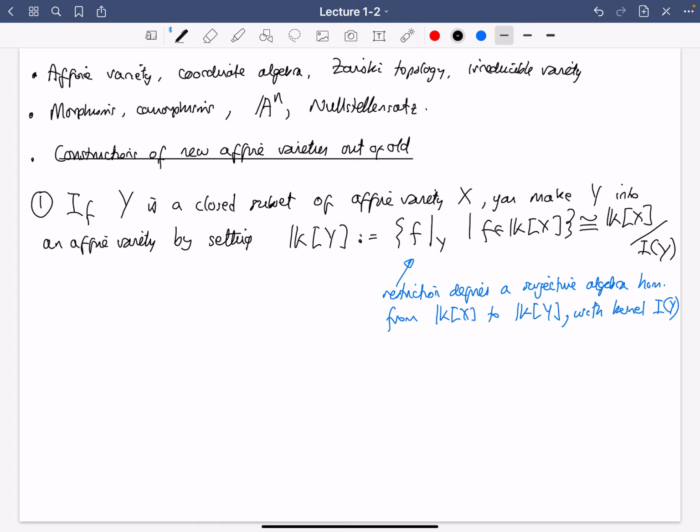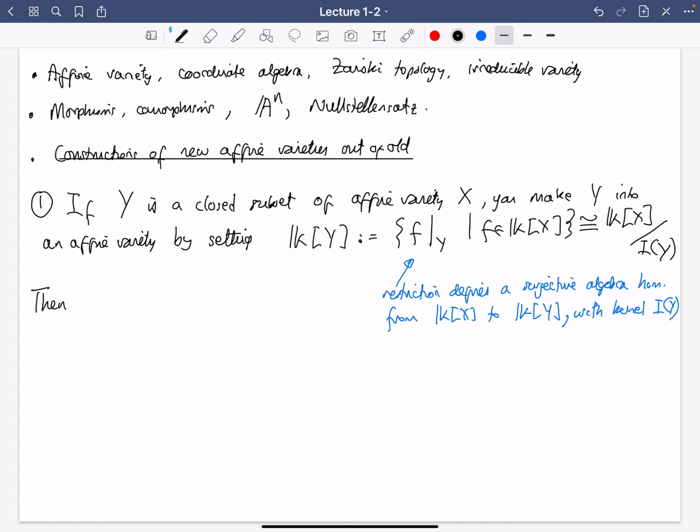It's easy, just using the correspondence theorem, to check that this does indeed make Y into an affine variety in its own right. You have to check that axiom, right? That the points of the set Y correspond to the maximal ideals of its coordinate algebra. And that just follows from the correspondence theorem.